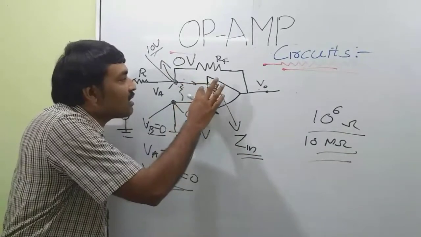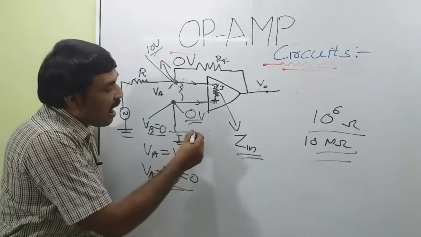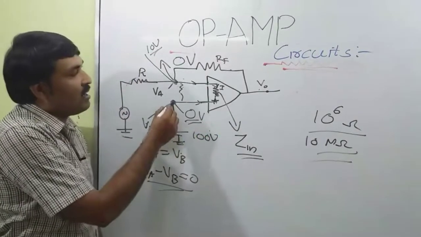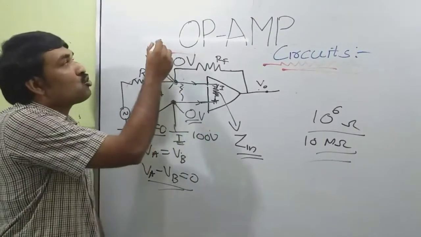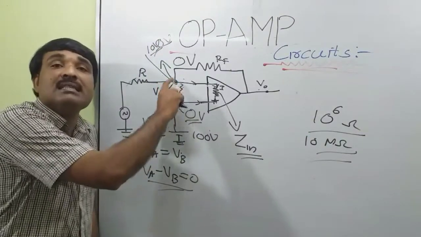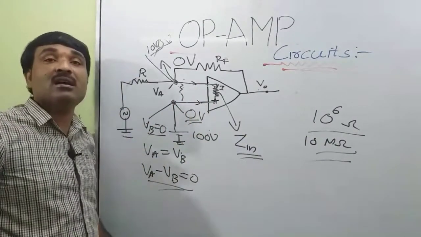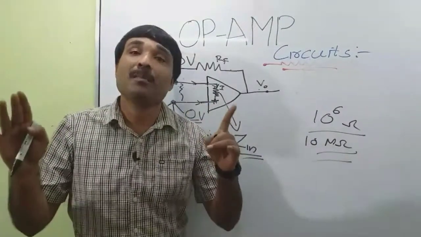No current flows in this direction or in this direction. Suppose I am applying a potential of 100 volt at this point, then the potential at this point also should be 100 volt. So the potential difference between these 2 points is 0 and no current will flow inside this operational amplifier. So that is the basic principle of operational amplifier.